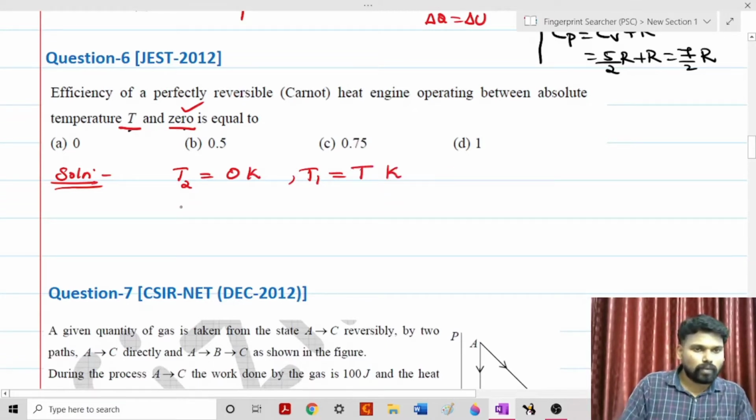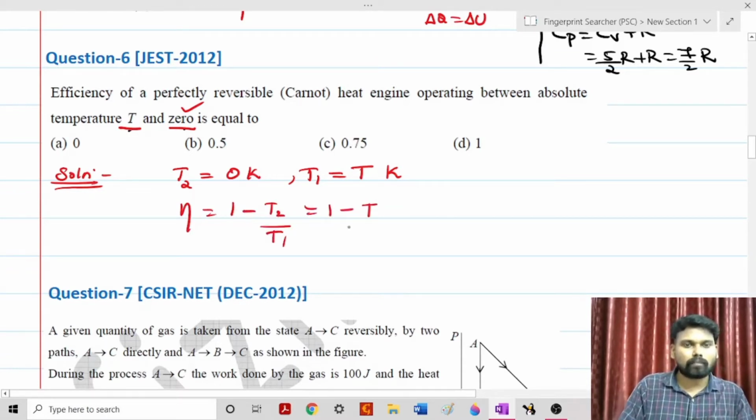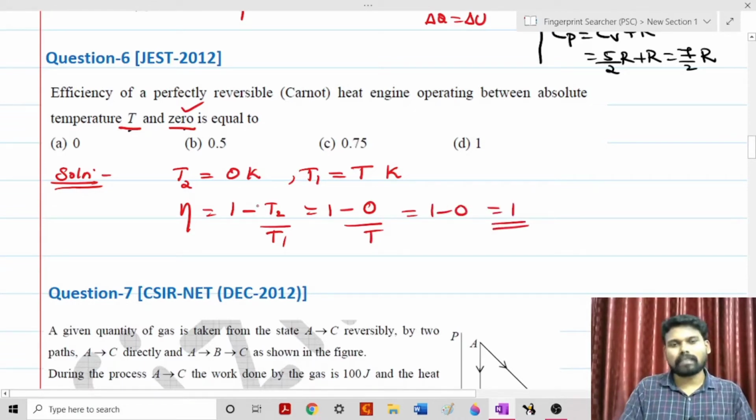So what will be the efficiency? 1 minus T2 by T1. Substituting, 1 minus 0 divided by T, 0 divided by T is 0, so this will be 1 minus 0, it is 1. So if the sink temperature is 0 Kelvin, the efficiency will be 1.